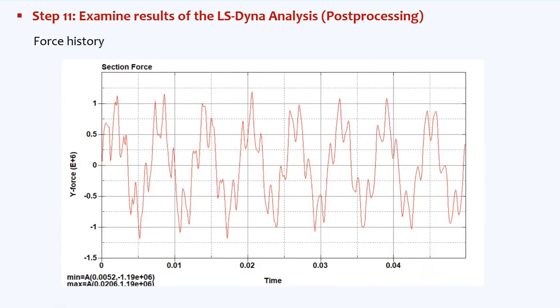Till now we have obtained the response history considering the blast load is applied as a triangular pulse load. So I've already told you we can apply the blast load in two methods. One is applying it as a nodal load considering the idealized blast load, idealized triangular pulse load, sorry. And the second one is directly applying the blast load.